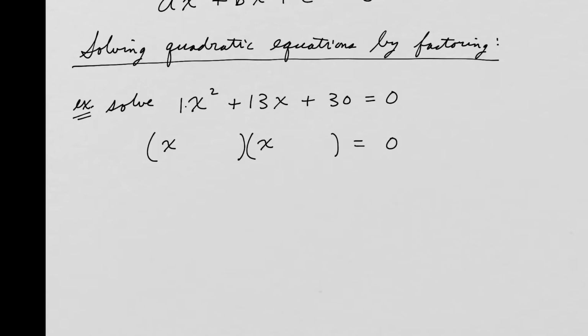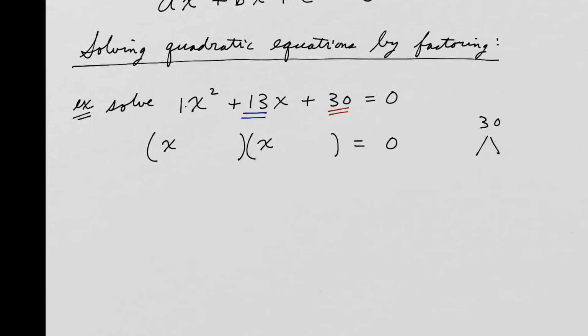Then to figure out whether this factors exactly or not, I have to think of two things that when multiplied will give me 30, right, which is the c term here. So two things multiplied will give me 30, and then when added will give me the b term, the positive 13. So can you think of two things that multiplied give me positive 30 and added give me positive 13?